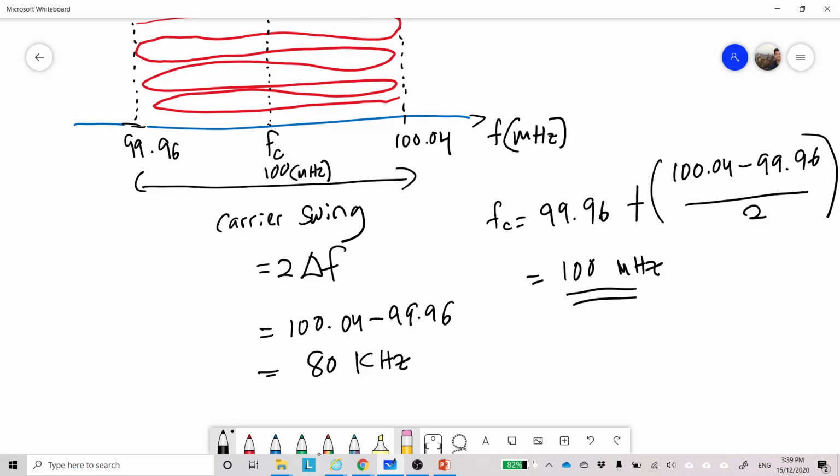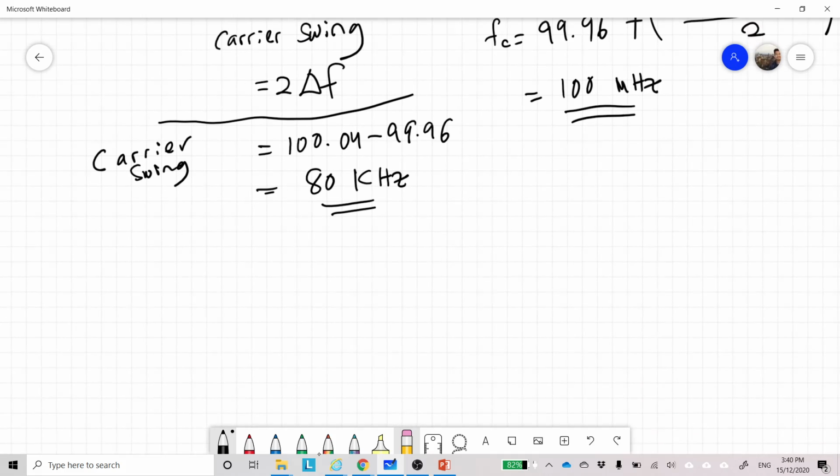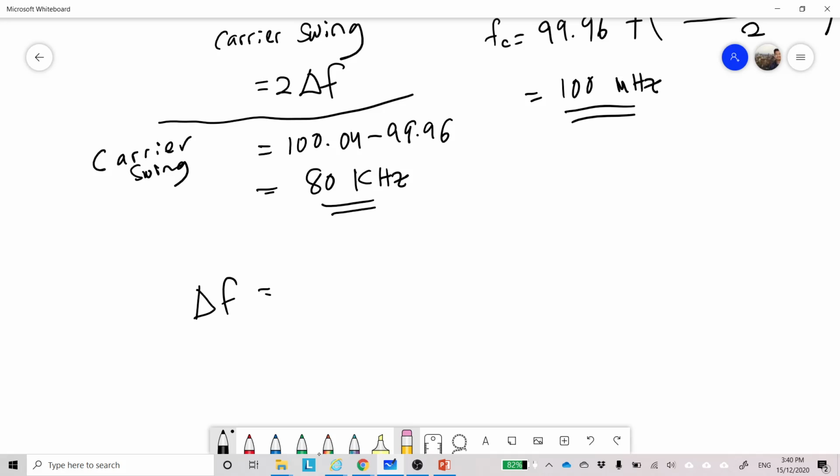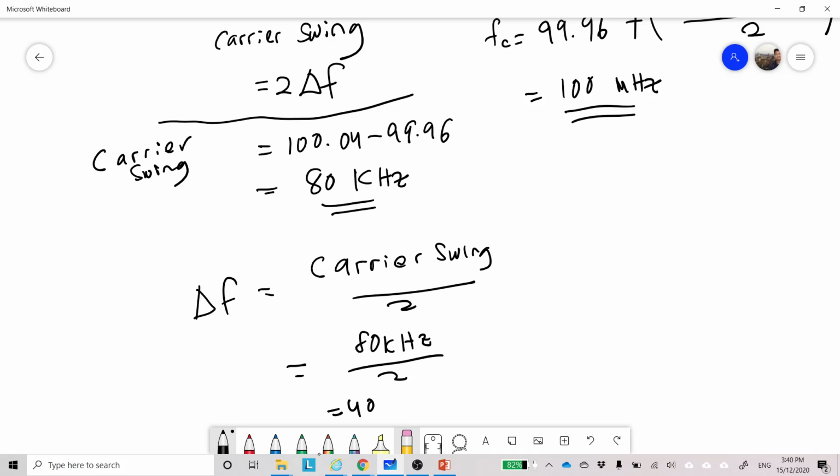So atas 40, bawah 40. So jadi 80 kilohertz carrier swing. Okay. And then what? Frequency deviation, delta F. So delta F is equal to carrier swing divided with 2. Bagikan dengan 2. So 80K divide with 2, you're going to get 40 kilohertz.